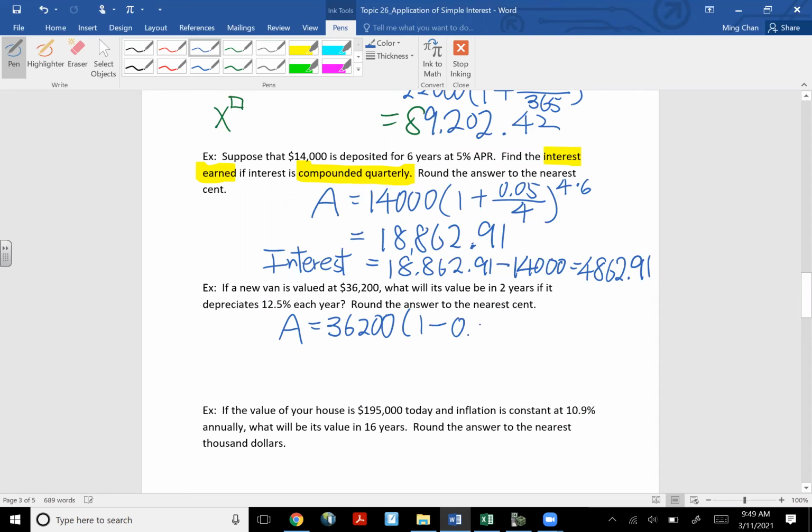12.5% is 0.125, raised to the second power.